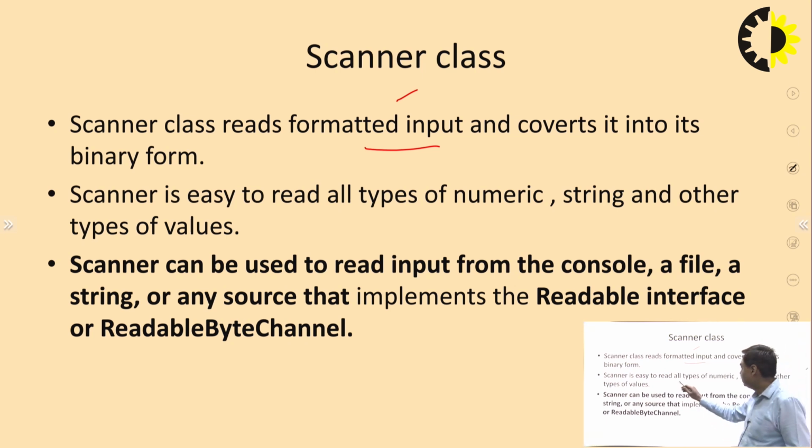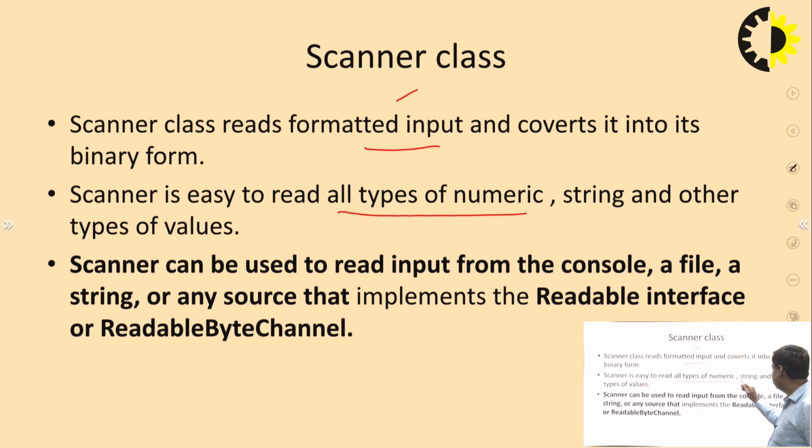So, Scanner is easy for reading all types of numeric, string and other types of values. Scanner can be used to read input from the console, a file, a string, any source that implements the Readable interface. Okay, so one of the convenient ways to take input in a Java application is the Scanner class.